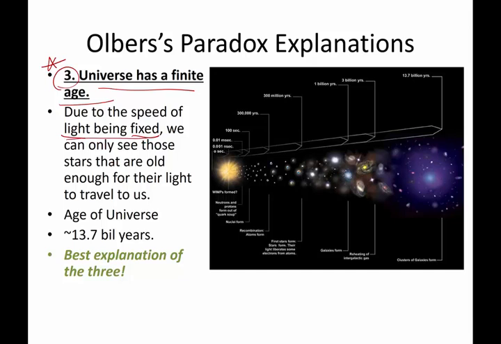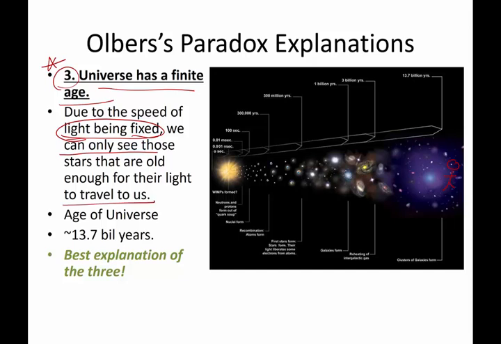Light has a fixed speed, and that is a wonderful tool for astronomers and cosmologists. Now, what that means is the only things that we can see that will come to our eyes are things that have been traveling long enough to get to us.